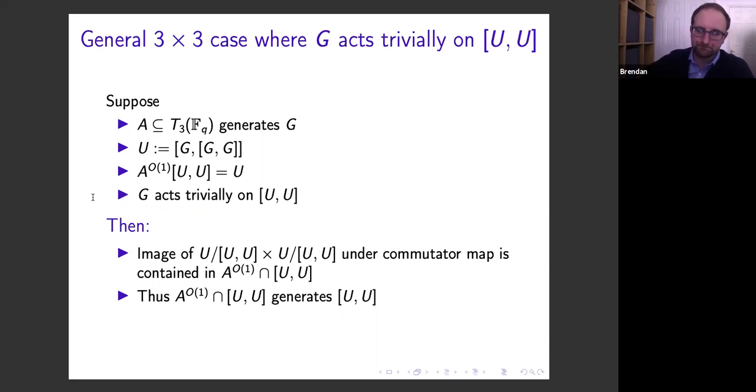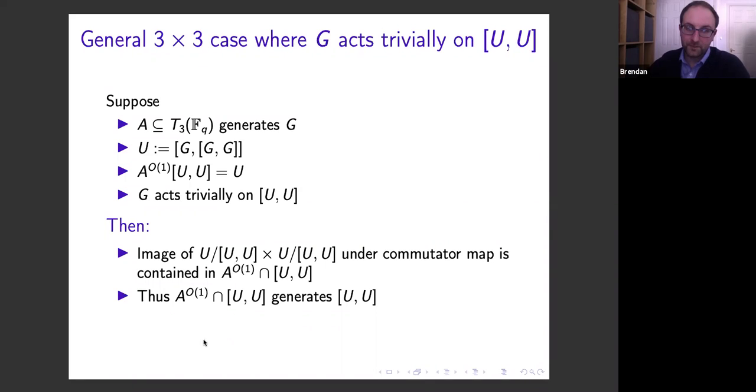Right. So the image of this product of A in the abelianization under the commutator map is contained in some bounded number of products of A intersected with a commutator subgroup. So if there were 20 products here, then the commutator involves 4 products, so that we could take this constant to be 4 times whatever we had here.